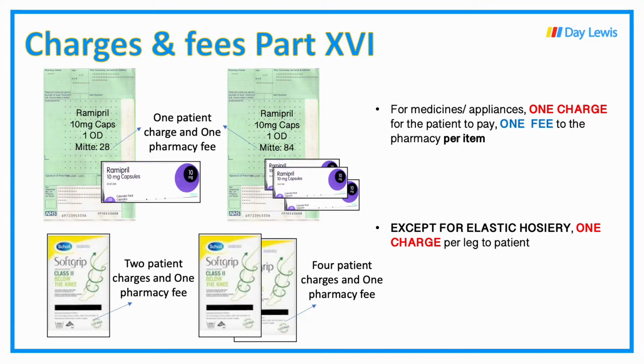So even if they were receiving 2 boxes, different to the ramipril capsules above, now because we're giving 4 elastic hosieries, we have to charge them 4 patient charges, but still in return we will only gain 1 pharmacy fee.